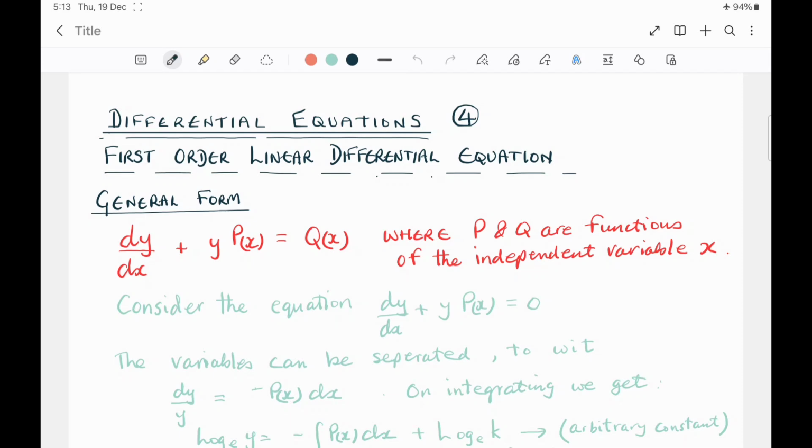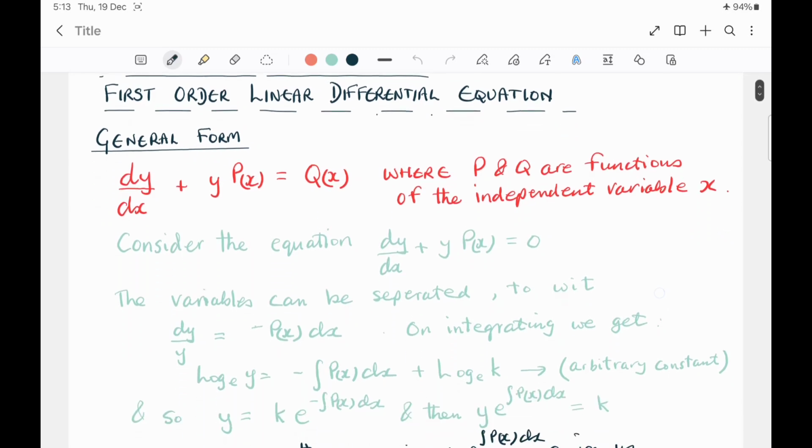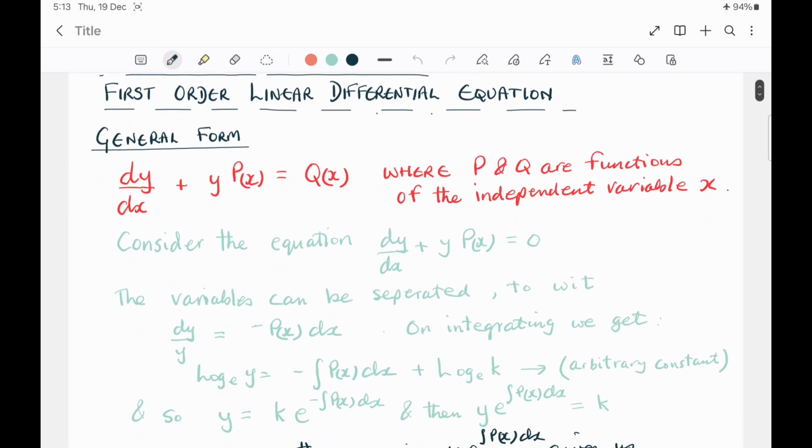Now, let's just look at the left-hand side of that, which is dy/dx plus y times p of x, and equate it to 0. That is known as the homogeneous equation of the differential equation.